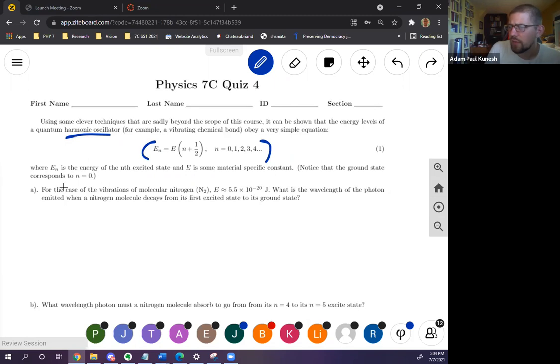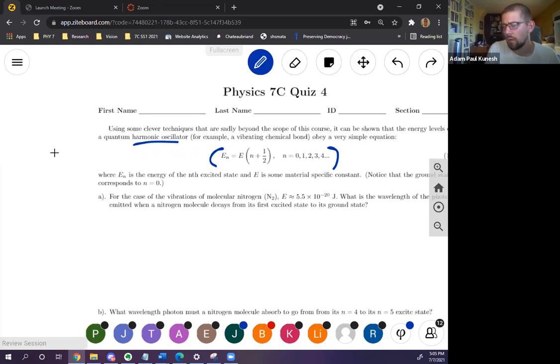So this first question asks, using some clever techniques, well, let's read the intro first. Using some clever techniques that are sadly beyond the scope of this course, it can be shown that the energy levels of a quantum harmonic oscillator, for example a vibrating chemical bond, obey a very simple equation. E_n equals some constant E times n plus a half.